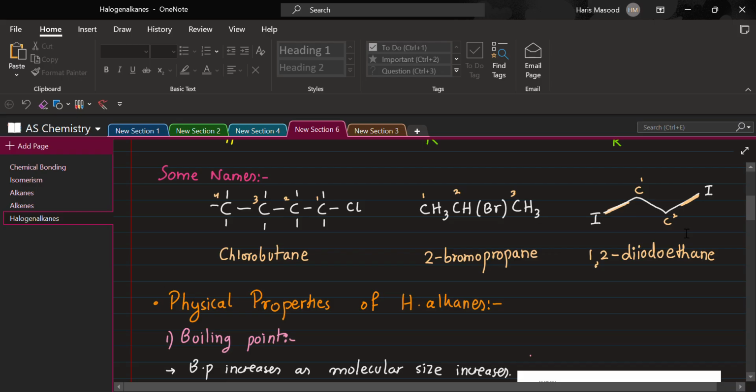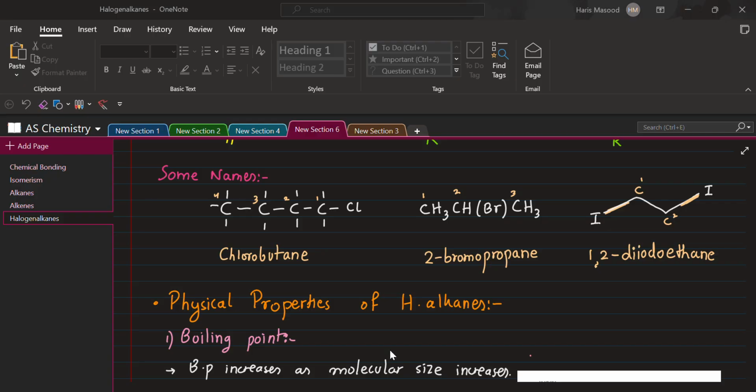Similarly, I've drawn a skeletal formula in which I have 2 carbons to which 2 iodines are attached. So it will be 1,2-diiodoethane. Di means 2. These are some of the namings. Clear?